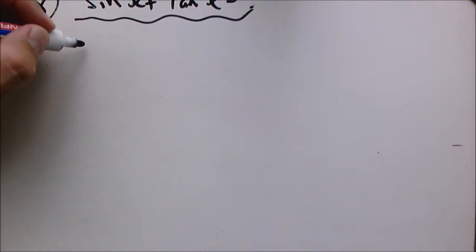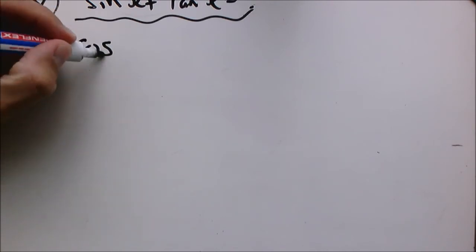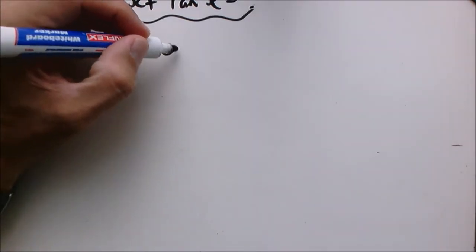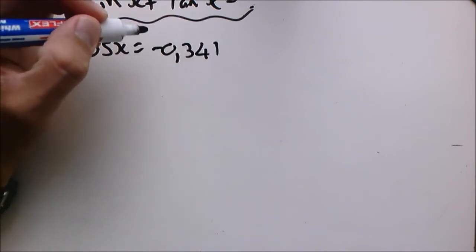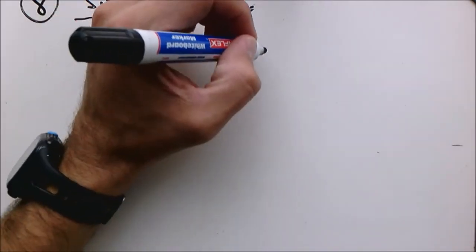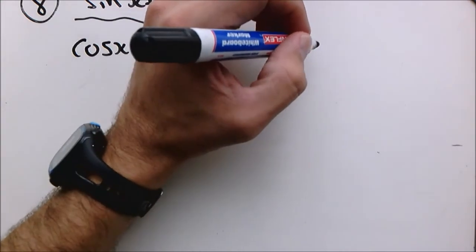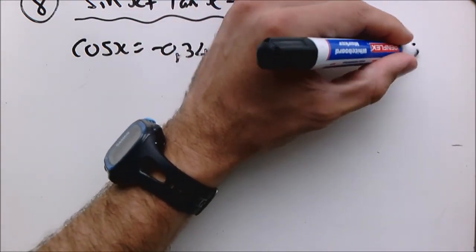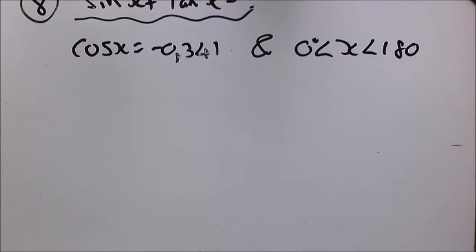They say cos x is equal to negative 0.341, and they tell us that x lies between 0 and 180.